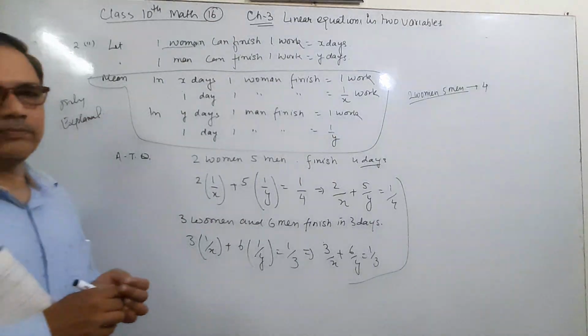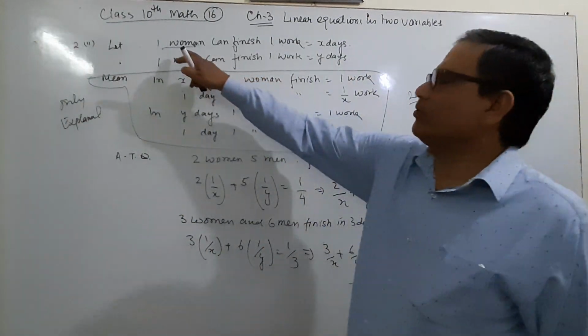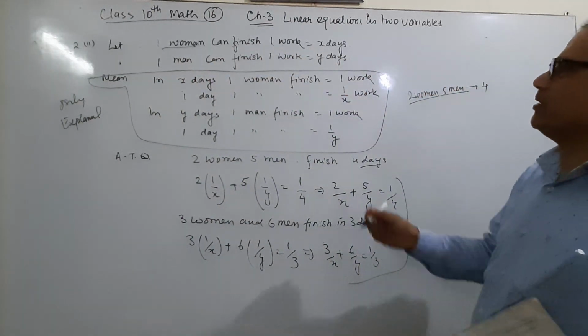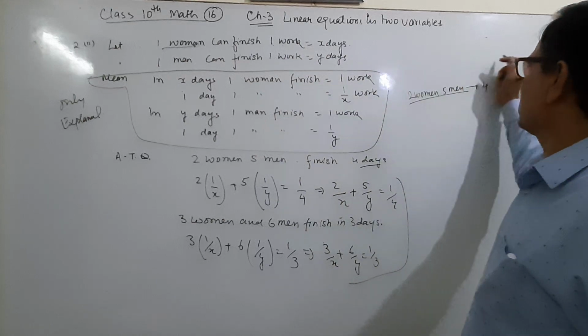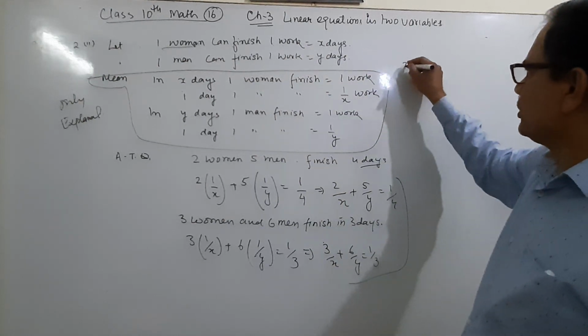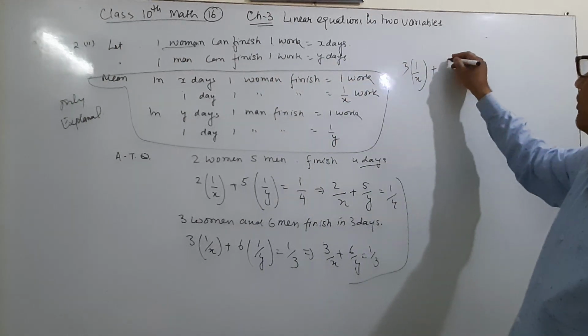But in the exam you can solve directly. Need not write these equations. Simply you write: one woman can finish one work in x days, it means 1 upon x, and 1 work by 1 man, 1 by y.